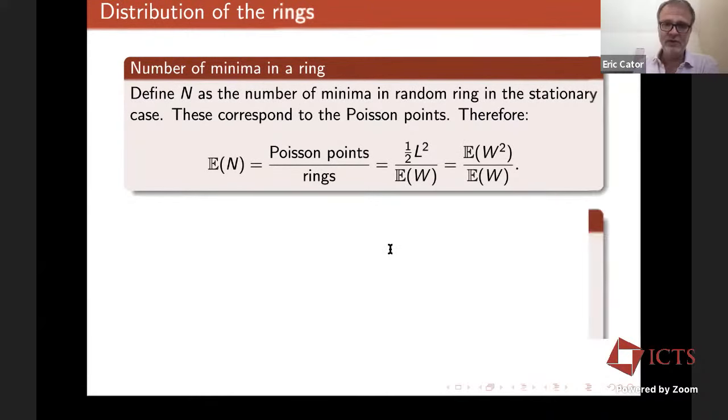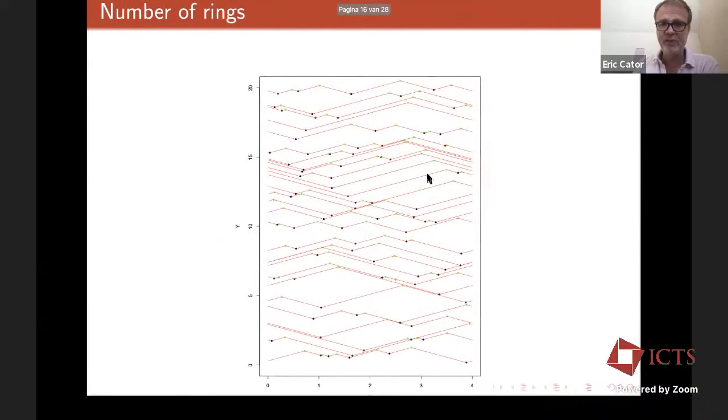I can do something else with this expected number of rings. If you look at this picture, I now know how many rings I have, but I also know how many Poisson points I have. The number of black points is also obvious. And each Poisson point corresponds to a minimum of one of the rings.